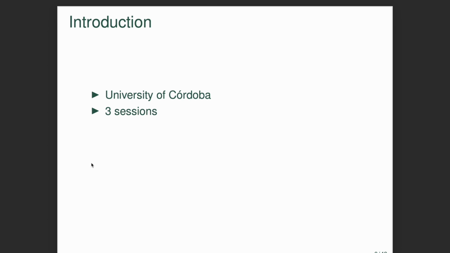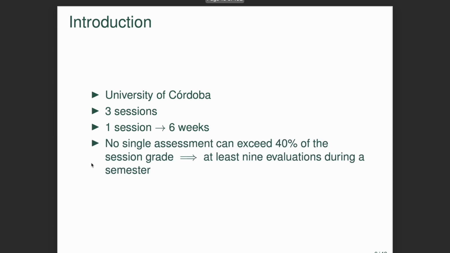Each semester is divided into 3 sessions, each lasting 6 weeks. A key feature of this structure is that no single evaluation can account for more than 40% of a session grade. As a result, the student typically faces at least 9 assessments across the semester.